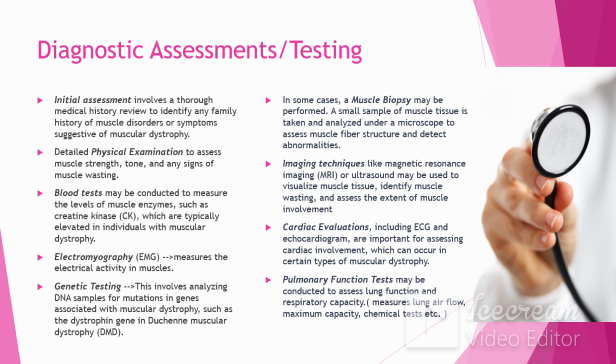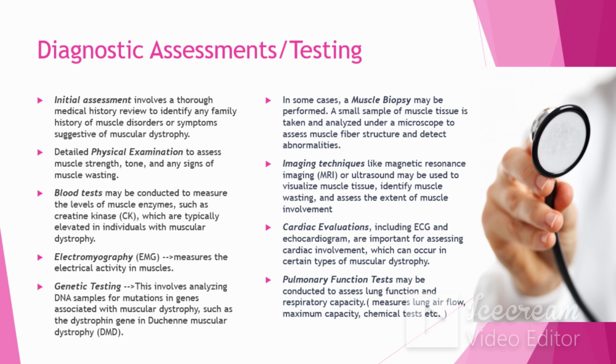In some cases, a muscle biopsy may be performed, which is essentially a small sample of muscle tissue being taken and analyzed under a microscope to assess the muscle fibers and structures and detect any abnormalities. MRIs or ultrasounds could also be used to visualize muscle tissue, identify any waste, and assess their involvement in various movements.